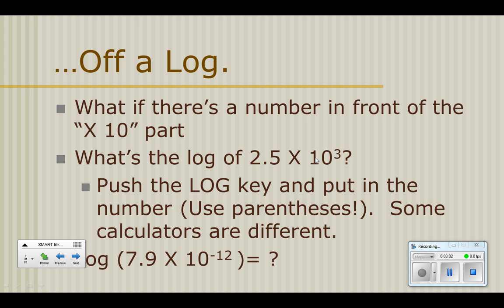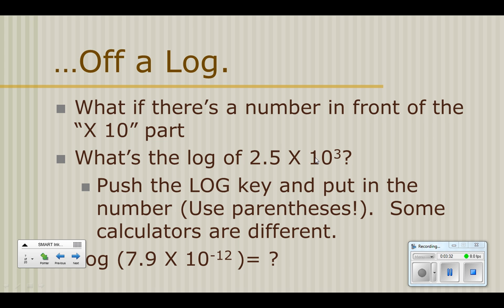Probably there aren't a lot of people who can, but if you punch that into your calculator, pushing the log key, then 2.5 times 10 raised to the 3rd power, being careful to put parentheses around this, and push enter, you will find the answer to be 3.3979 and so on, and when we round that off it's going to be 3.4.